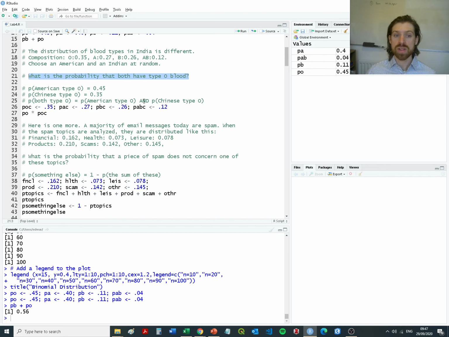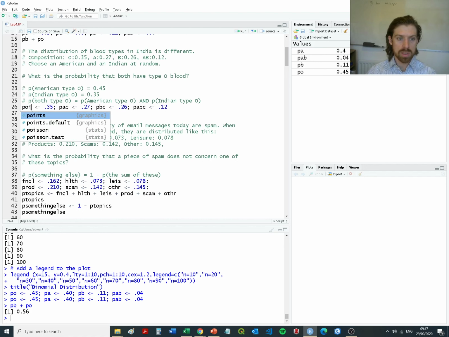Okay, so in this case we're interested in what would happen if we were able to get both of these blood types, so for group O. So we need to get the American probability for type O and the Indian probability for type O. Let me just change the names here.